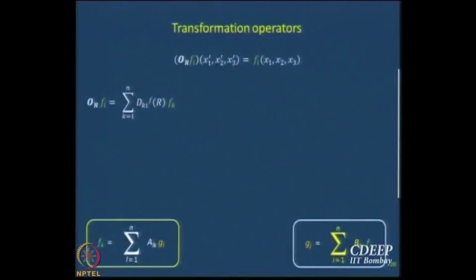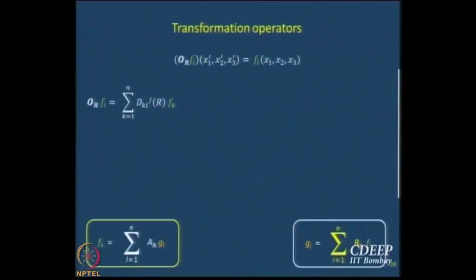OR Fi equal to sum over k equal to 1 to n dki superscript f of R Fk. For now, neglect this superscript f. If I do not write that superscript f, does that ring a bell? Have you encountered expressions like this earlier?